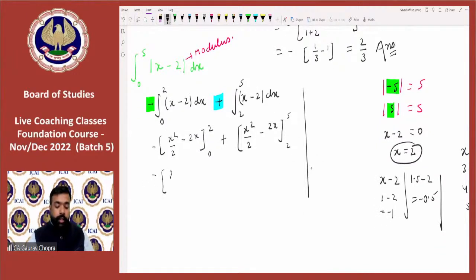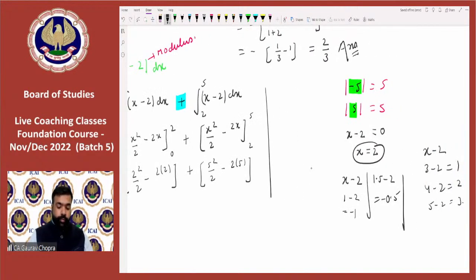So it will be 2 square by 2 minus 2 into 2. Applying 0, it will give 0. Then 5 to the power of 2 by 2 minus 2 into 5, and then minus, this time with 2, 2 to the power of 2 upon 2 minus 2 into 2.